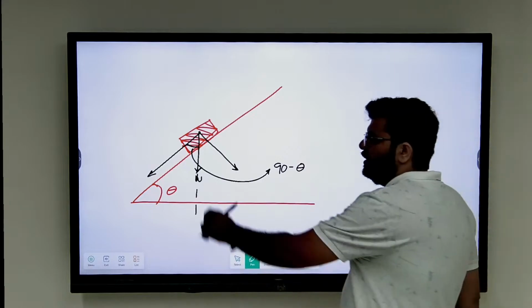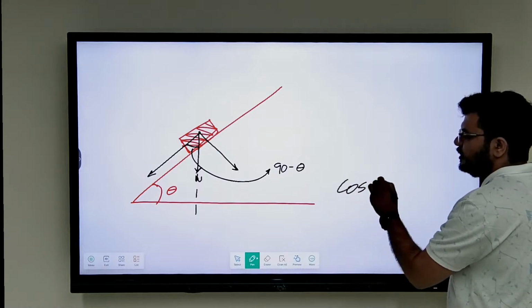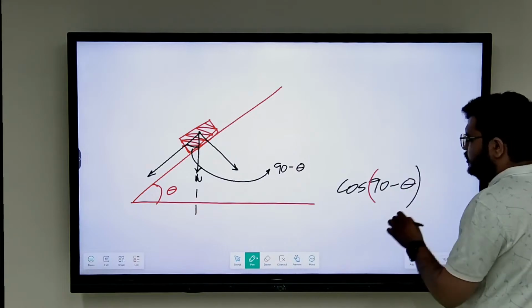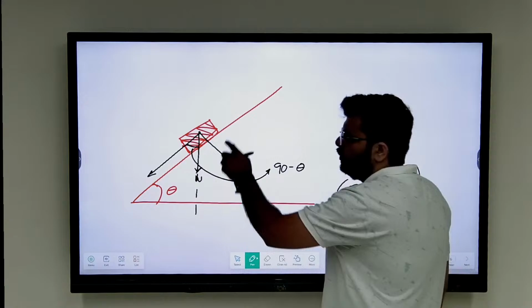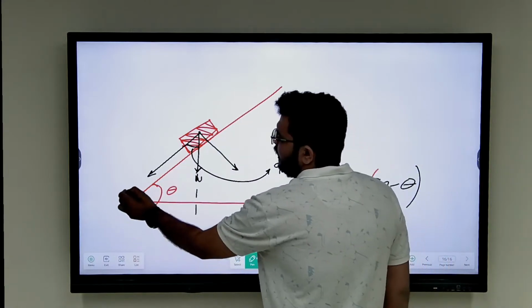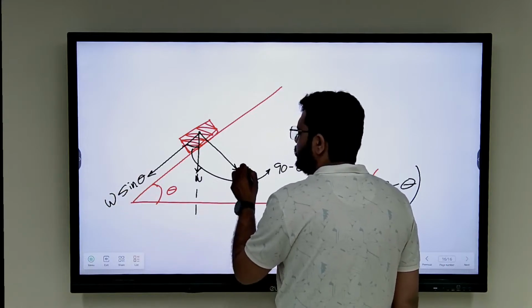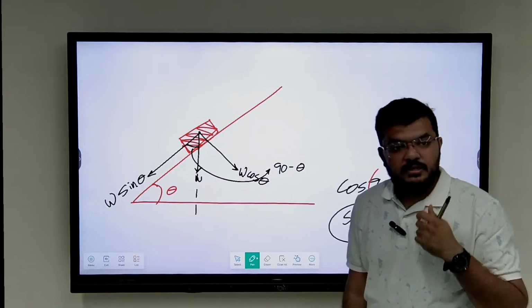And we know that the nearer component is cos theta. So we must have cos(90 minus theta), which is sin theta. So the component parallel to the inclined plane is W sin theta, and this is W cos theta. So what have we understood right now?